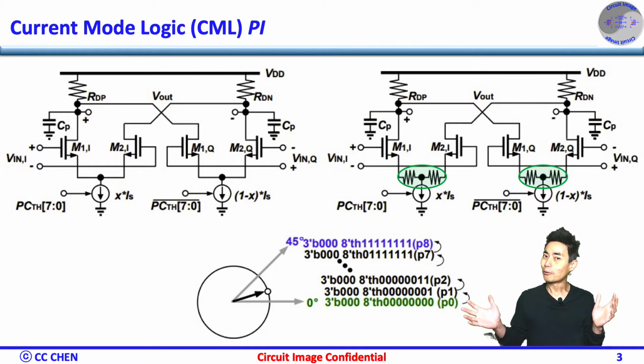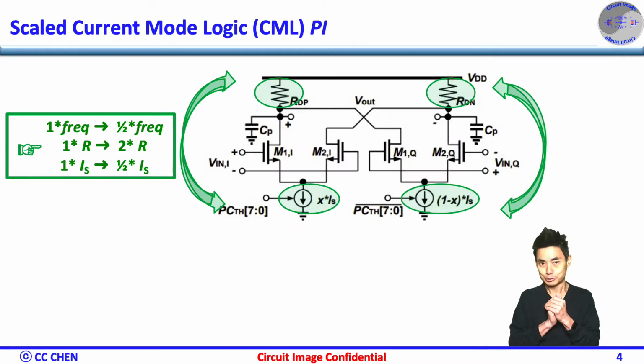How about the power? Is it possible to always have low power for all frequencies? Good question. Yes or no? If we don't scale the current and the resistive load at the low frequency, of course, the power overhead could be too much.